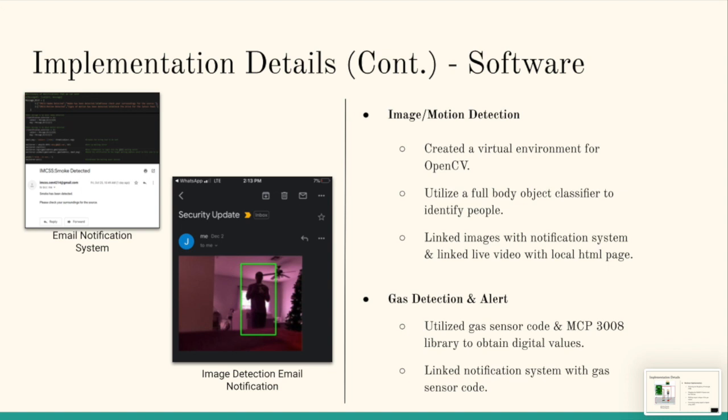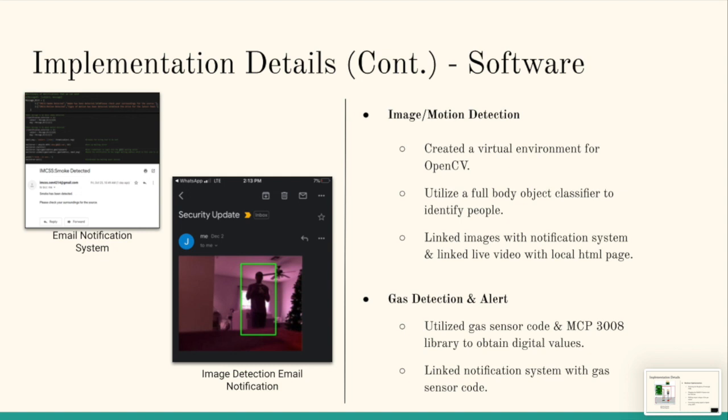After we deposit them inside of its directory, we're able to determine what's human and what's the background. And of course, we modified the OpenCV code a bit so that it was linked to the email that we wanted it to send notifications to.